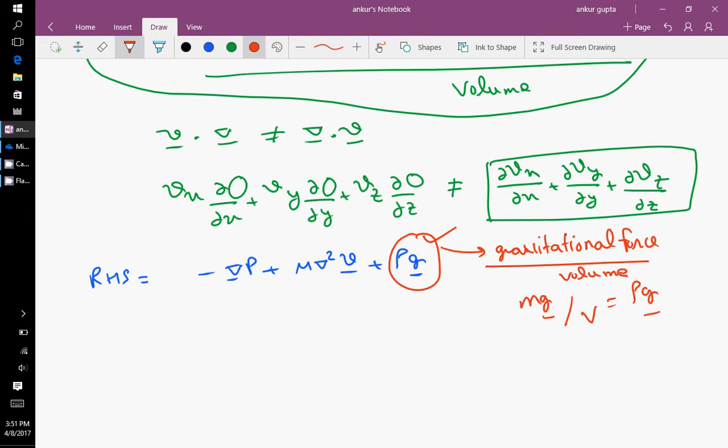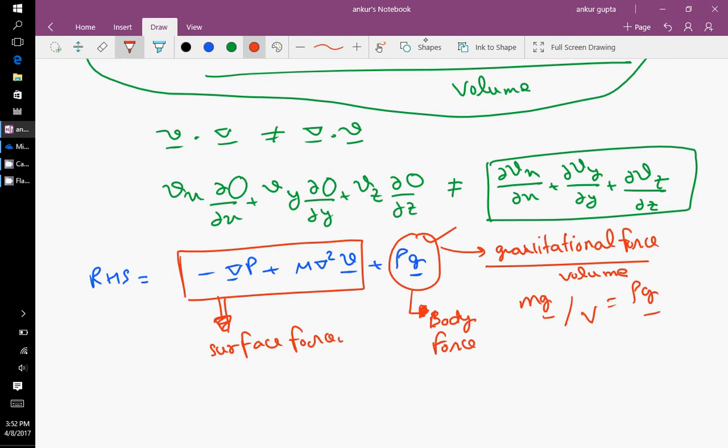But one thing to note is that this is a body force. Body force means it acts on the entire volume. But the rest of these forces, minus grad p plus mu del square v vector, are actually surface forces.